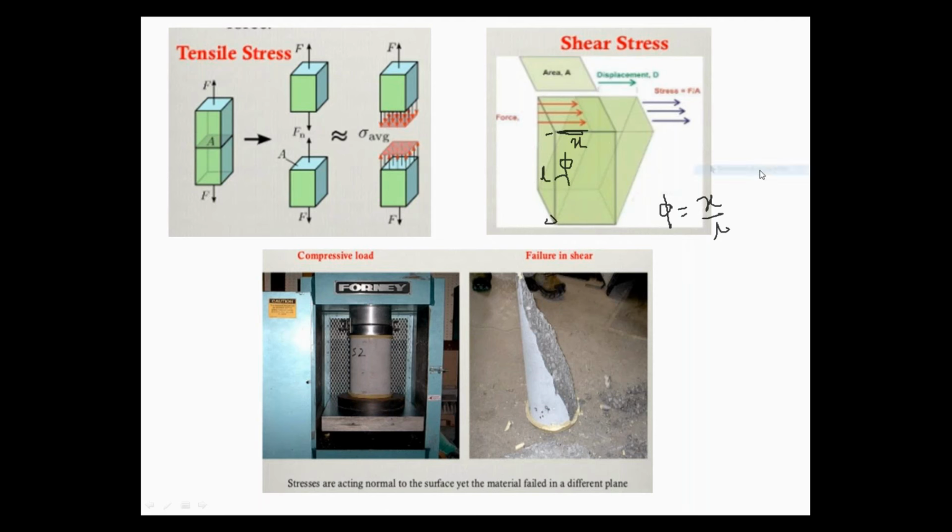We have applied load from the top and compressed the material, say a brick or a concrete material. Here we have given a vertical force, that is a normal force, but the material failed in a different plane. This can happen in real life situations. The material will get failed in this direction. That's why we are supposed to determine the stresses in oblique kinds of planes.